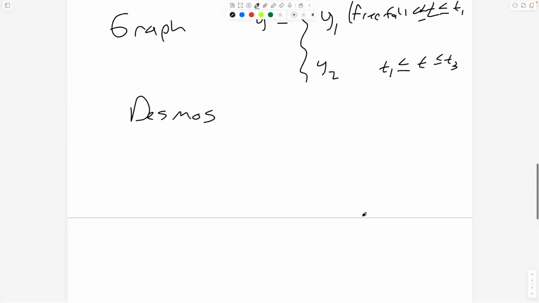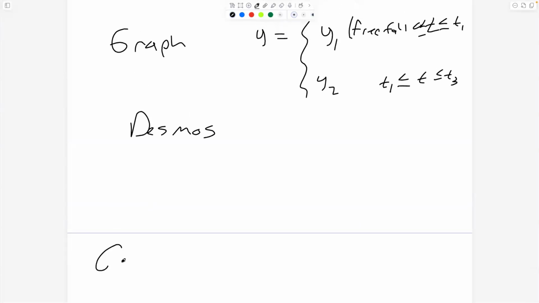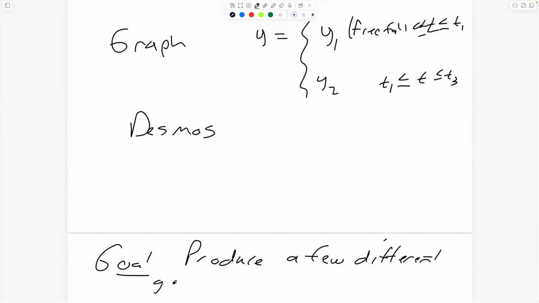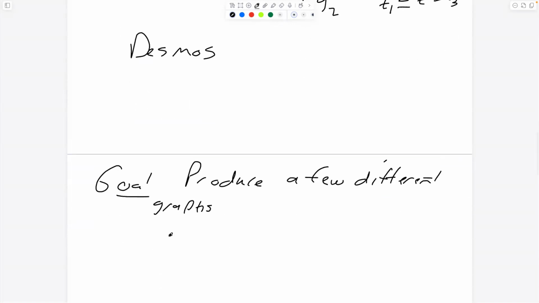Okay. So your goal here, I'm going to write this down. Produce a few different graphs. Where say one, you don't hit the water.